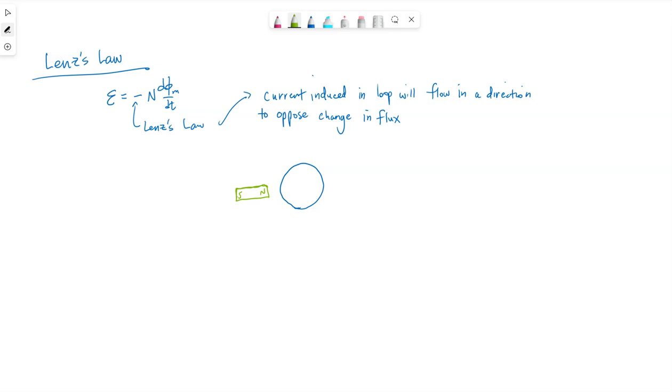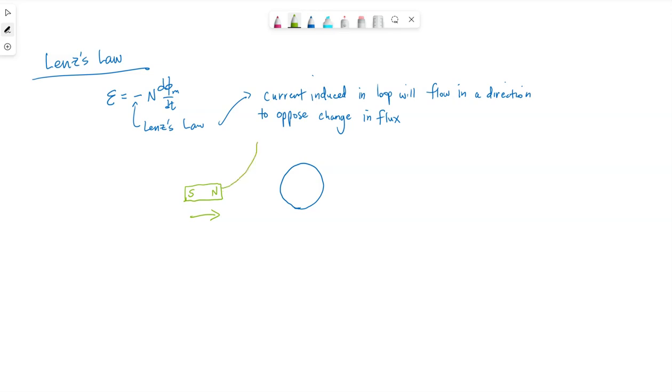So our loop, let's say we're bringing this magnet. I'm going to start with it farther away, and I'm going to just draw it bigger so we can see it better. Though I suppose that wasn't that much bigger. But I'm going to move this magnet to the right and get closer to the loop.